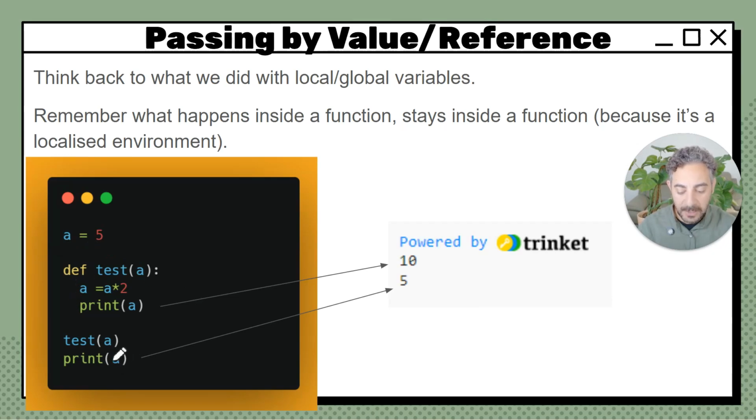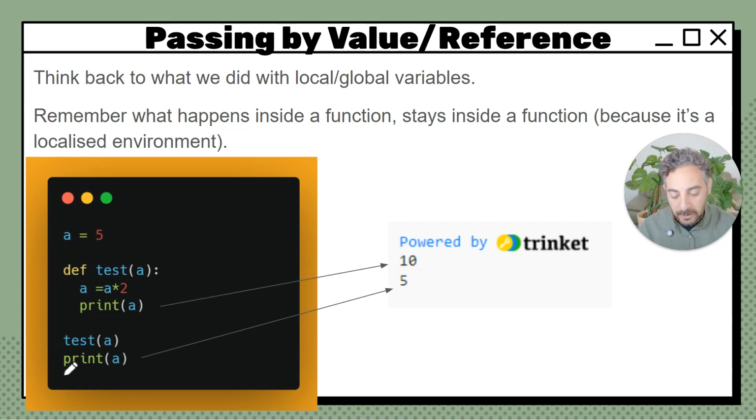So look, we've passed a value here as a reference in between our parentheses, which means we are now trying to manipulate this from within the function, and we're saying a equals a times 2. So a would have gone from 5 to 10, right? Now, when we print this, because we've run the function first, we get the line that says 10. We display 10. So a equals a times 2 is 10.